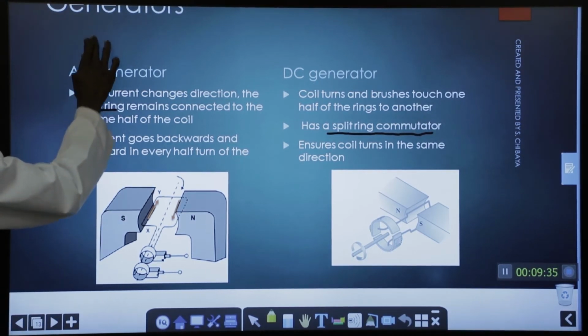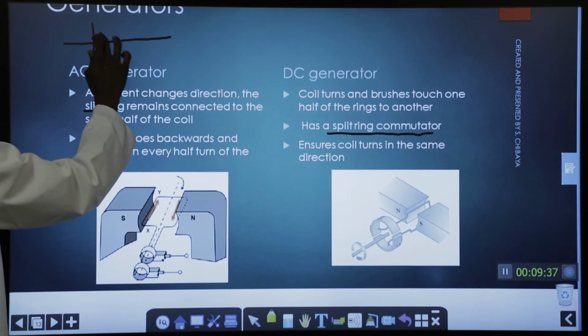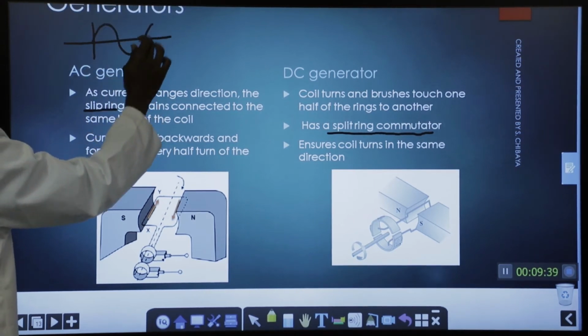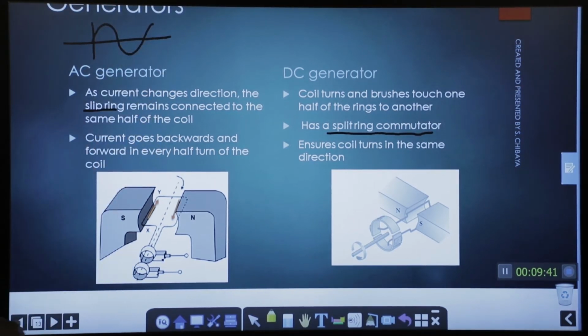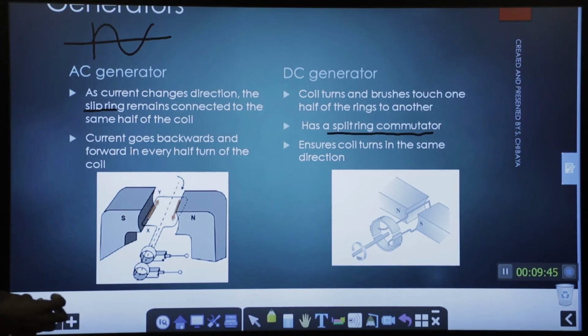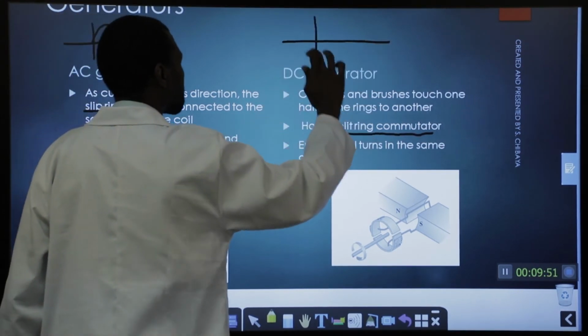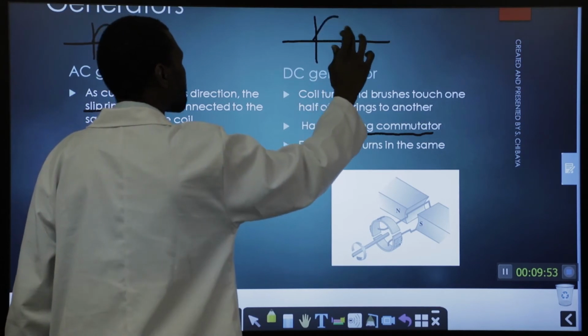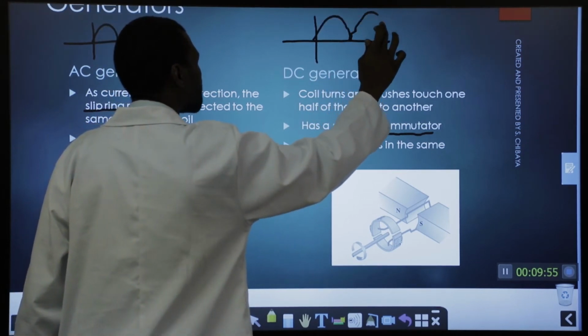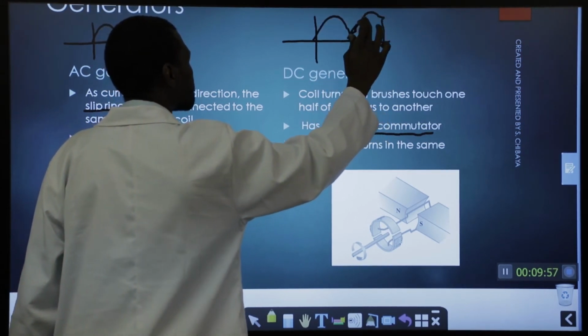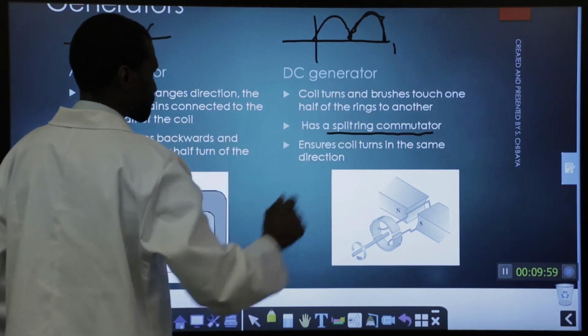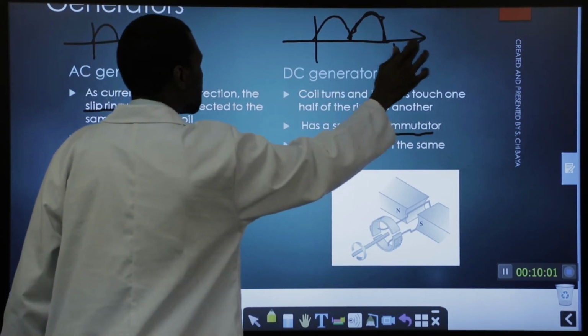That's why we come up with a graph that looks like that, okay? And then for a DC generator, we've got the brushes. They are connected to the split ring commutators, and that's why you would come up with a graph that looks like that, okay? And so forth and so on.